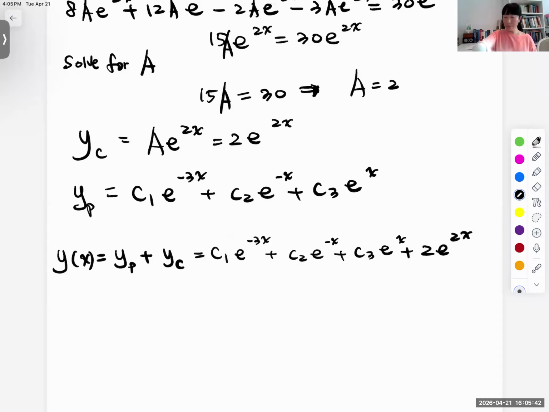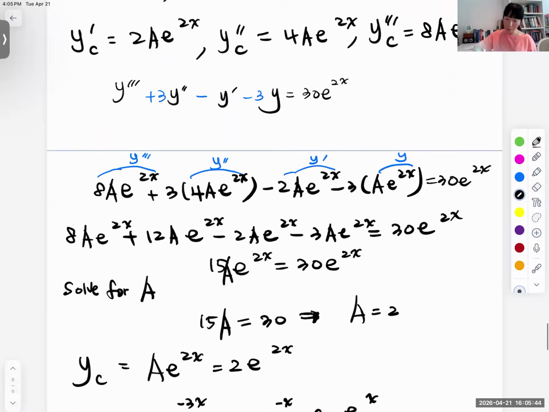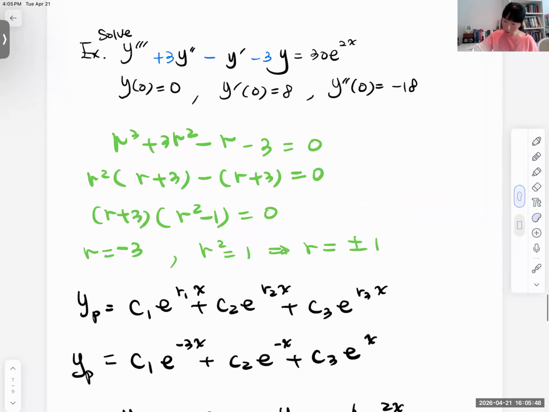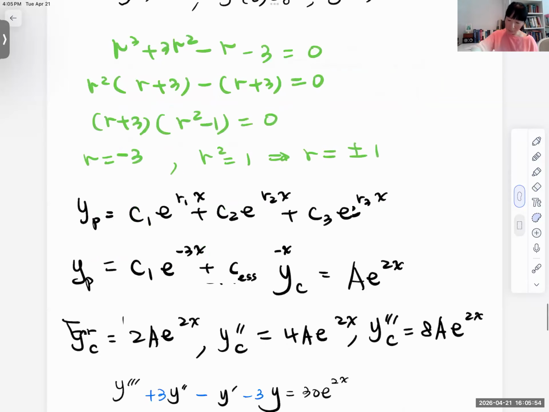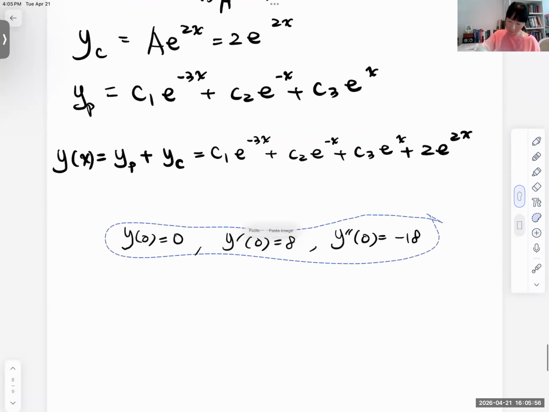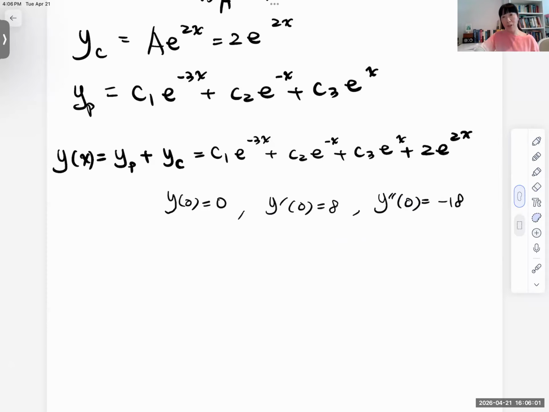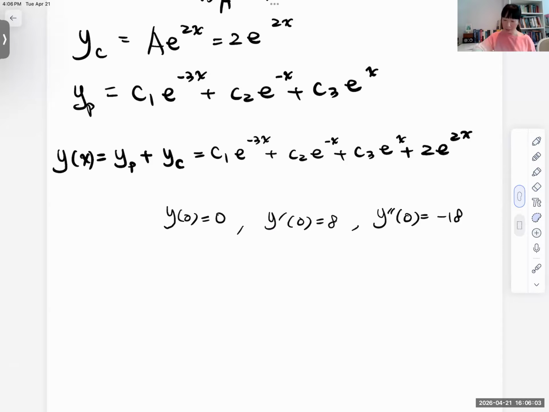Okay, so let me bring the initial value problem here. Maybe later, right? Because we have to find the derivative first.